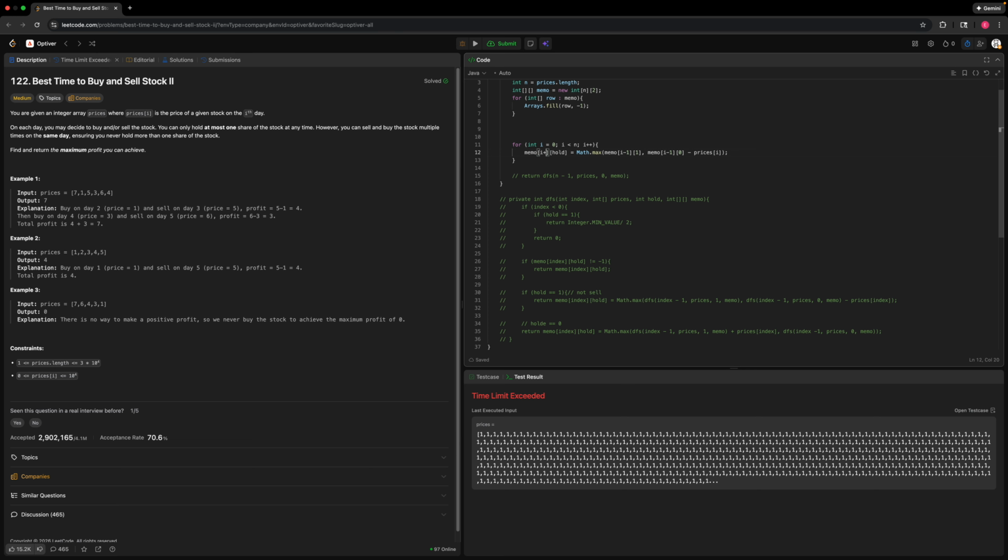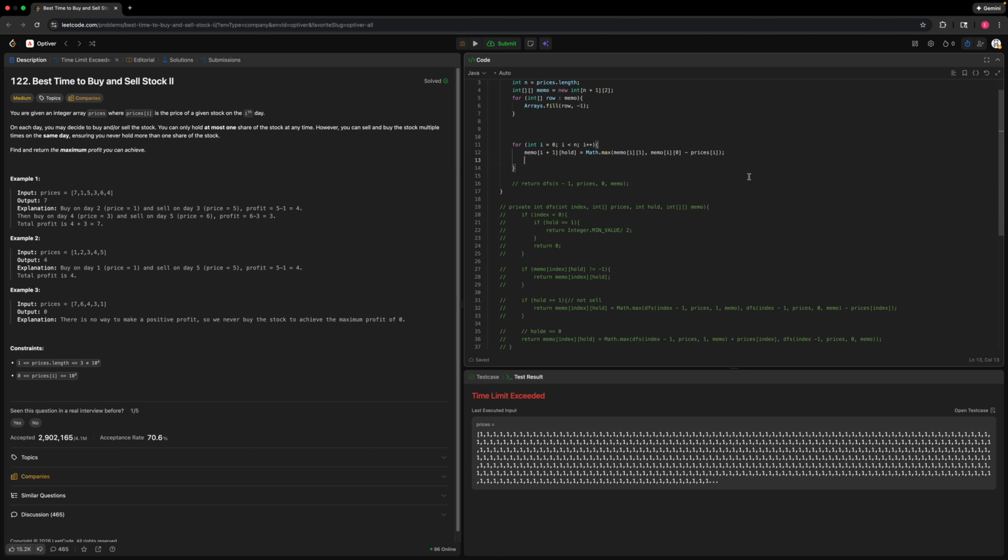So we need to plus 1 here to avoid the zero, and so prices are here.